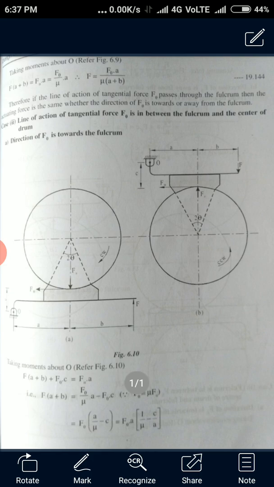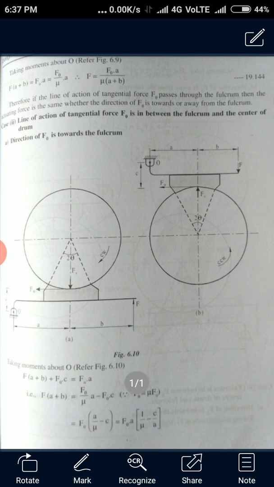Now take the next case, where the tangential force F theta is in between the fulcrum and the center of the drum. See the sketch very carefully, figure A or figure B. In the first case, F theta was passing through the fulcrum.